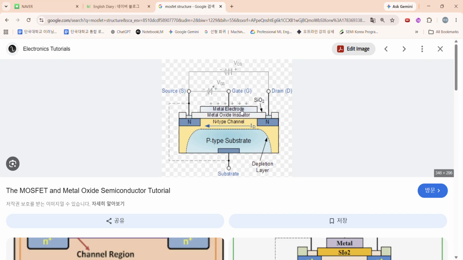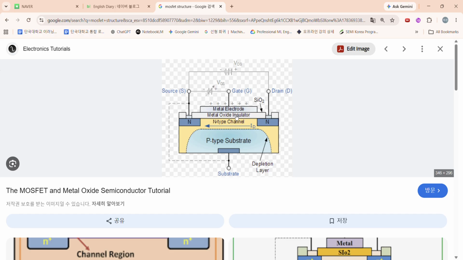Between the electrode and channel there is an insulator. When we turn on the gate, this electric field reaches the channel through this insulator.